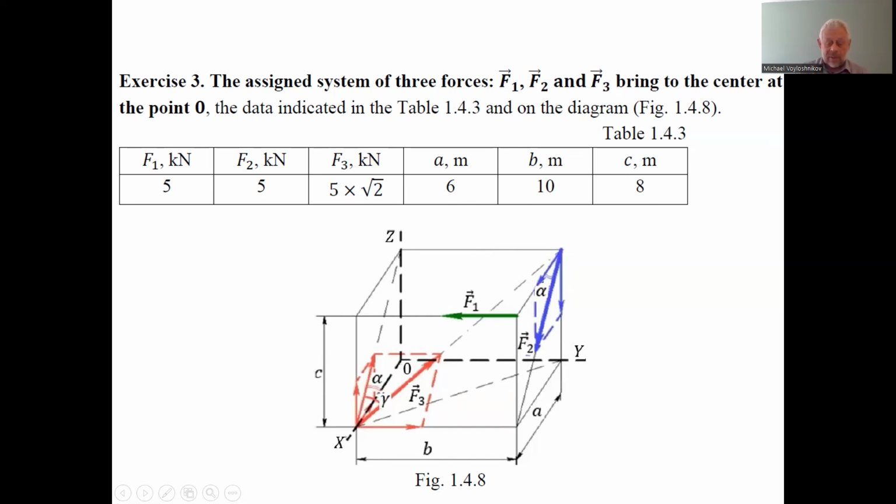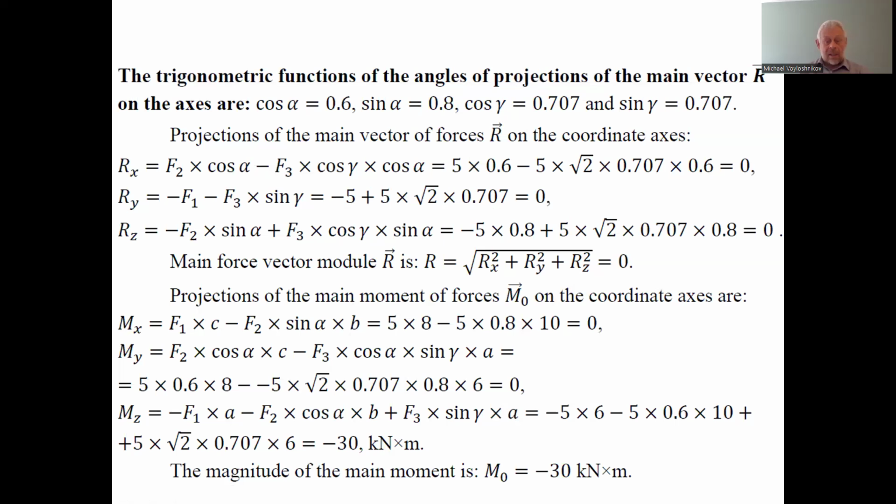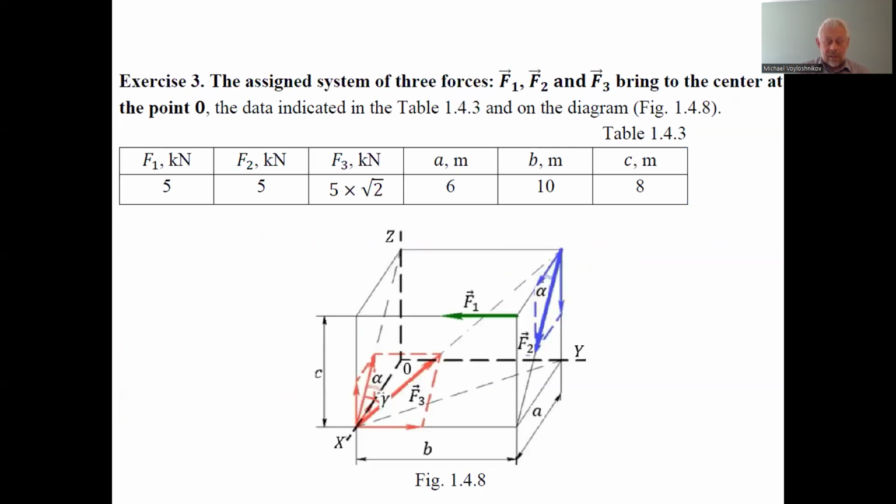So first we have to find the cosines of the direction angles. Cosine alpha is 0.6, sine alpha is 0.8, cosine gamma is 0.707, and sine gamma is 0.707. We have the angle gamma here. Here it is 45 degrees. To understand, we have to find two legs.